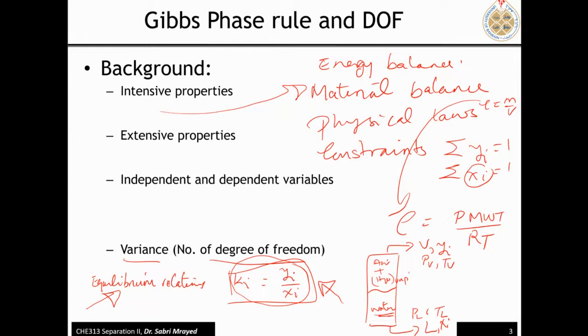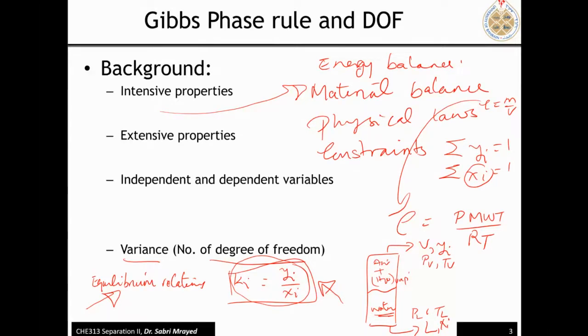Now, in order to solve the problem means in order to have the number of unknowns equal the number of equations. Clear? Yes. Good. So far so good. Okay.